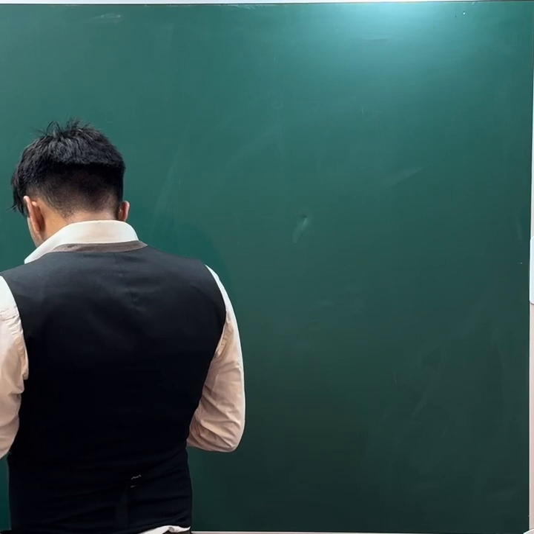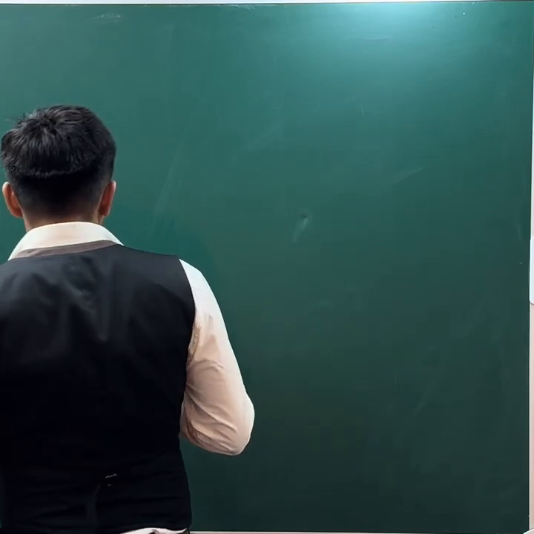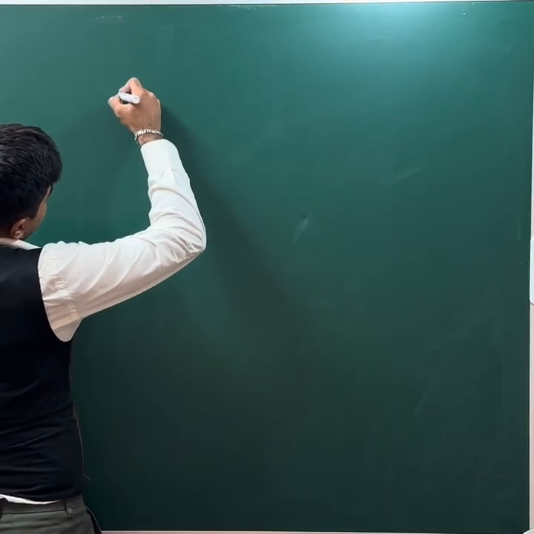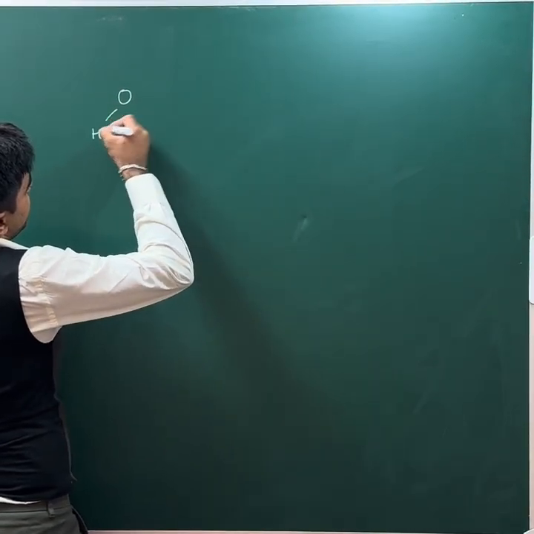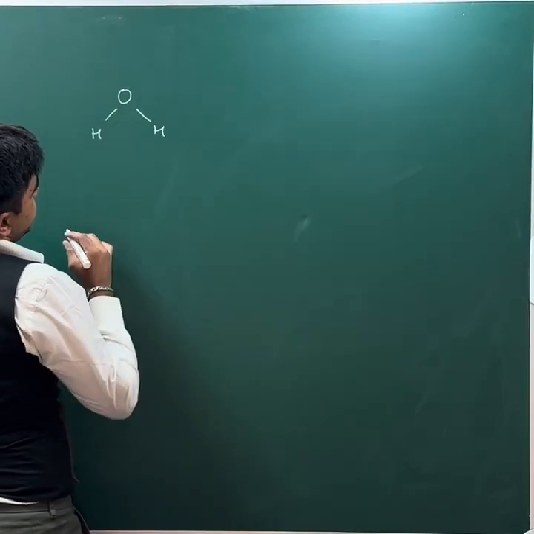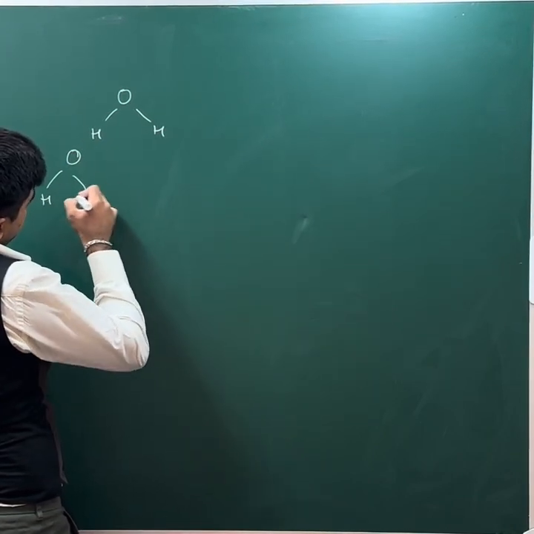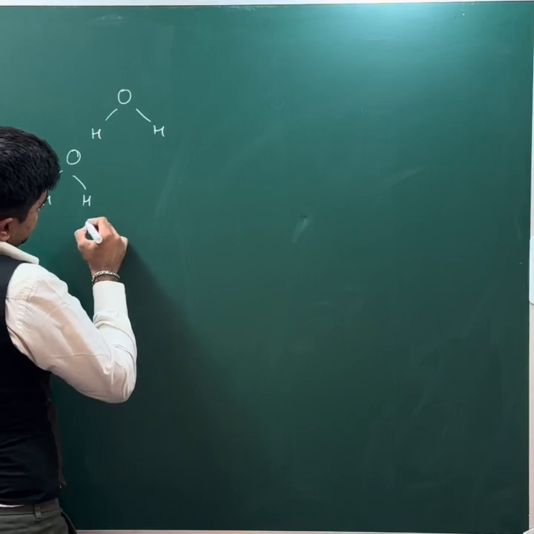And to find out why, the best place to always go is the structure. So let's look at the structure, okay? So we've got oxygen, we've got hydrogen, oxygen, hydrogen.